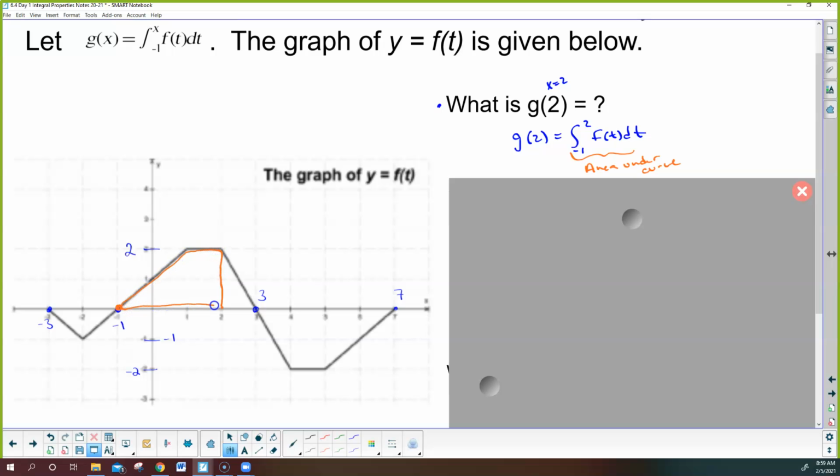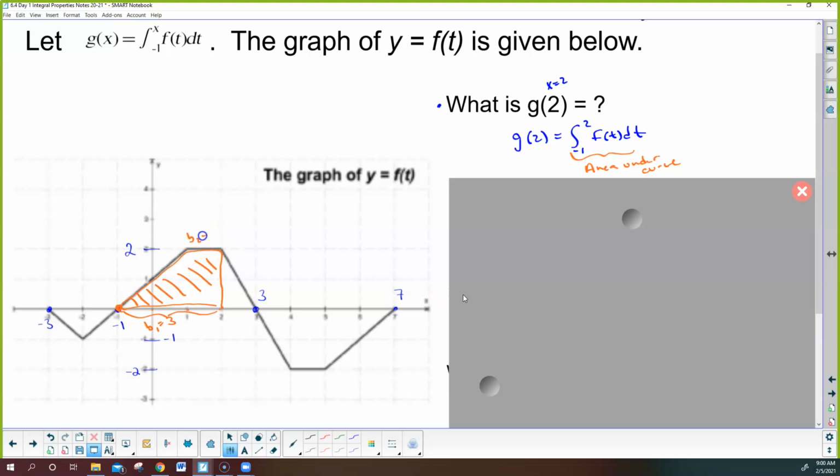And that should be pretty friendly, since we don't have the function f. By the way, it's important to note that this is the graph of f. So that's what allows me to look at this graph. But I do know that this is a trapezoid, and it's got a base of 1, 2, 3. So a base of 3, we can call that base 1.